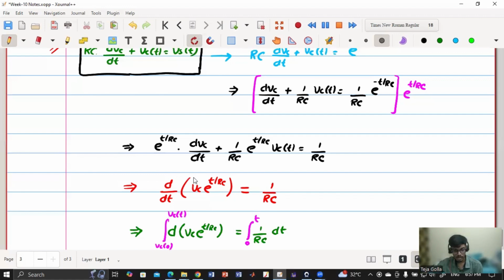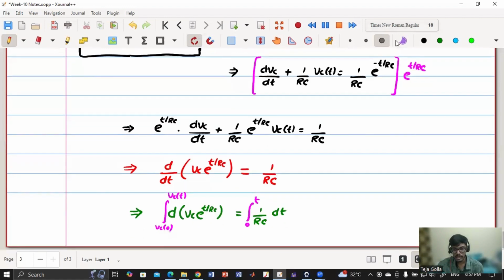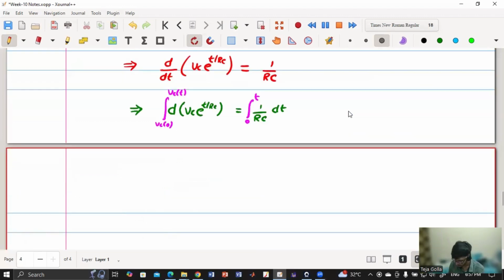Okay. So is it clear until this point? Now I will get something like this: vc of t into e to the power t by rc plus some vc of 0 is equal to t by rc. Agree?